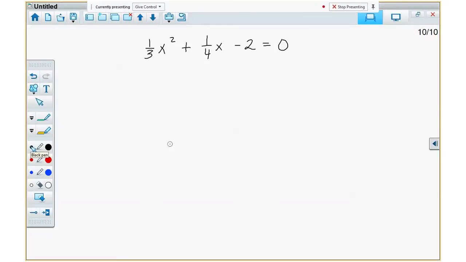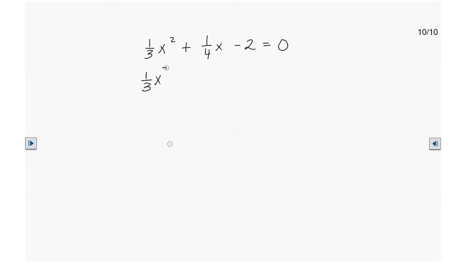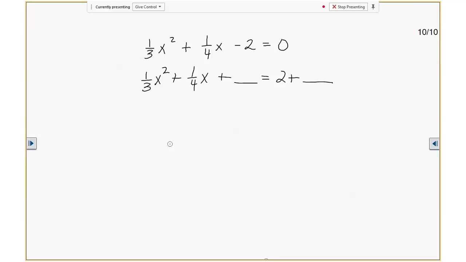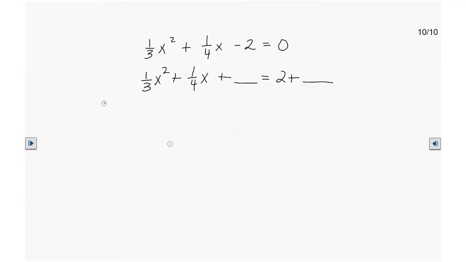So, 1/3 x squared plus 1/4 x plus blank is equal to 2 plus blank. Factor out the 1/3. Now be careful here. Remember, when you factor, what do you do? What's the operation that you use when you factor? Division. So I'm going to factor 1/3 out. I'm going to put it as a dotted 1/3.